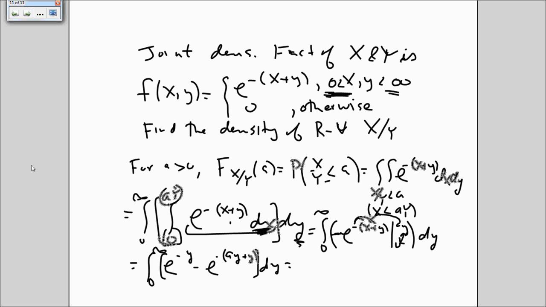And the first integral is negative e to the negative y, and minus, and the second integral is e to the negative ay plus y, divided by the derivative, which is negative a minus 1, or negative (a plus 1). And this goes from 0 to infinity.